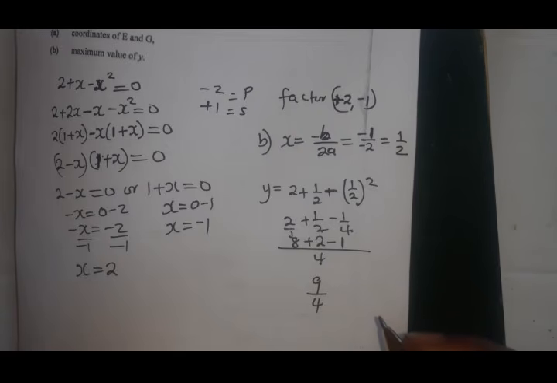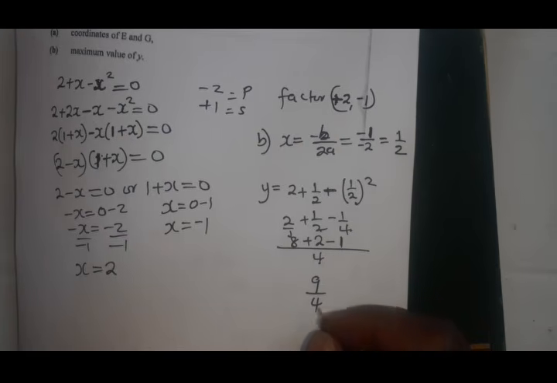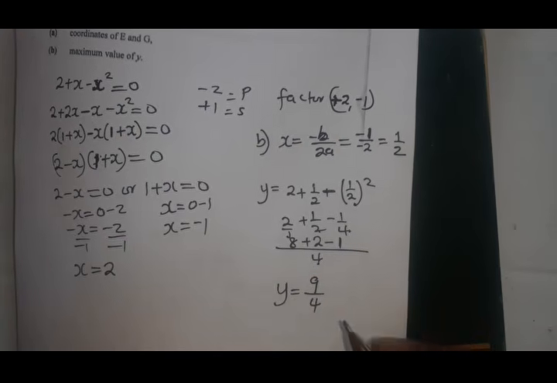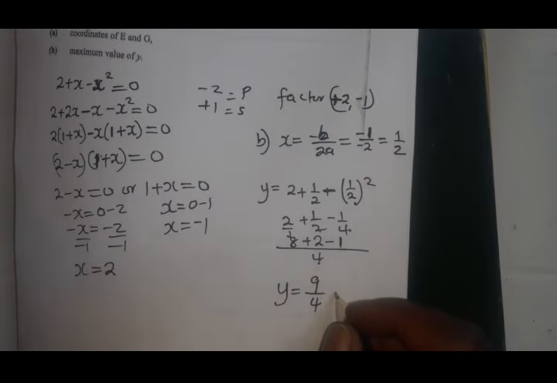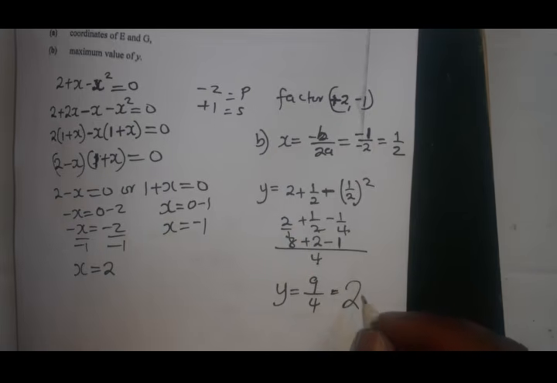Okay, so 9 over 4, you can actually leave it like this, or if you want you can divide. This is going to be 2, then 1 over 4.